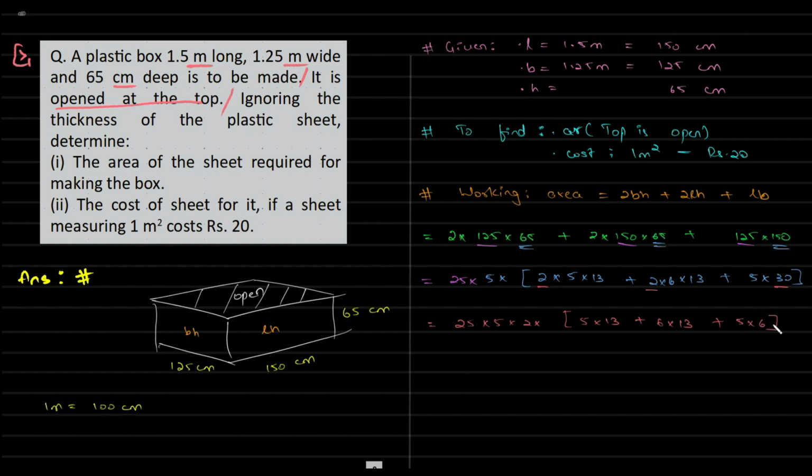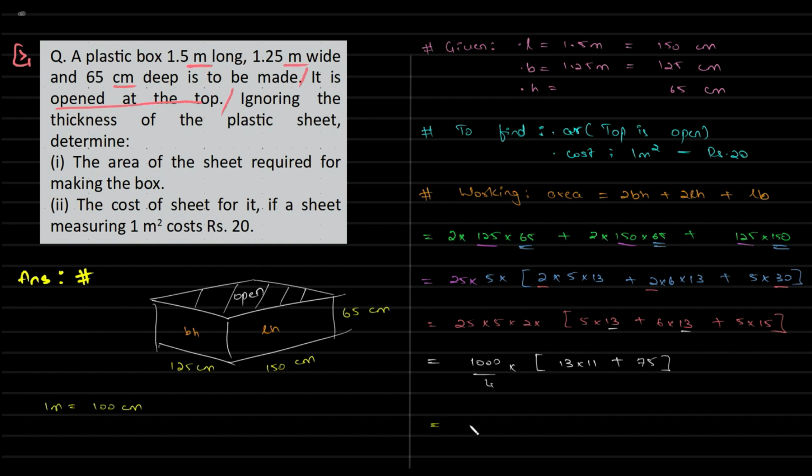Right? Wait, I took 2, my bad. 2 into 15. And now we can calculate things. 5 2s are 10 and 250. 250 can be written as 1000 by 4. Then here 13 and 13 is common, so 13 into 11. And here it is 75, right?